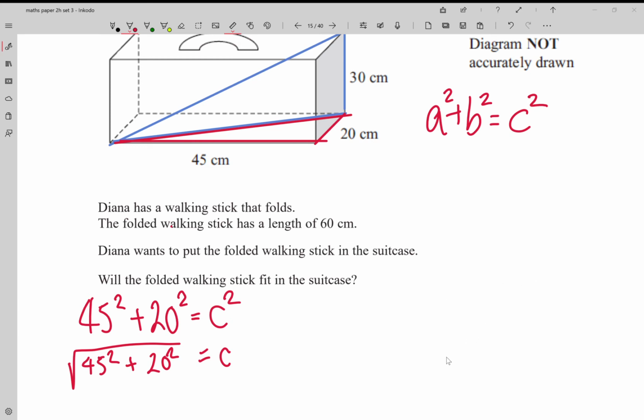So if you do the square root, first, hang on. 45 squared plus 20 squared, I've got that's 2425, and then if we square root that, the square root's gone missing, that's strange.